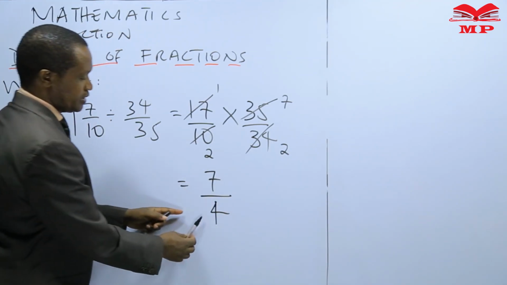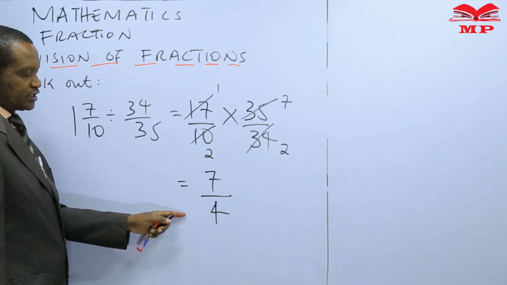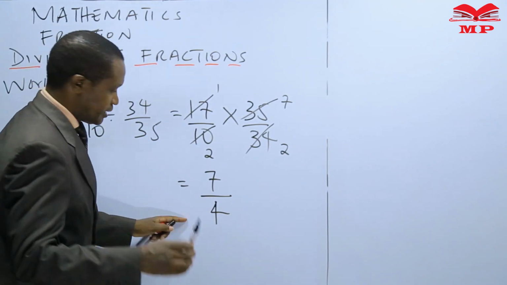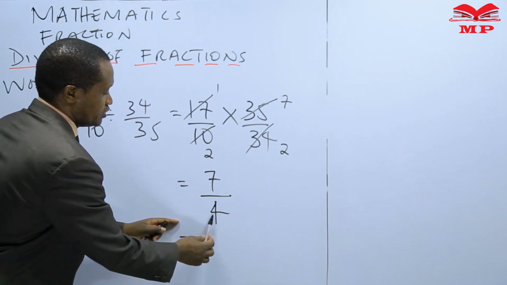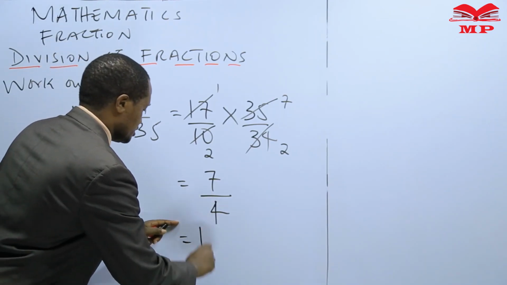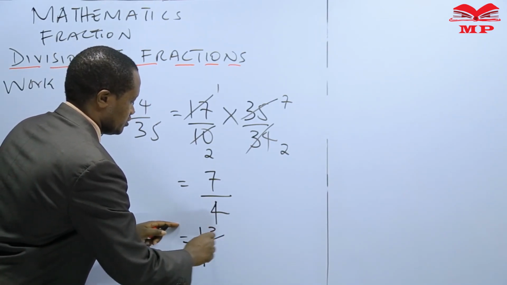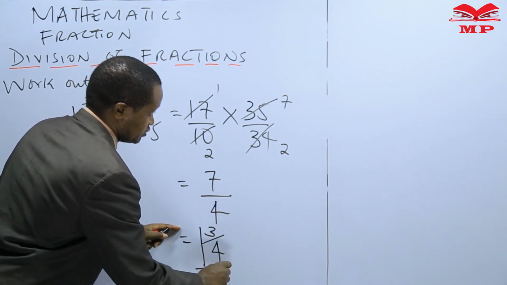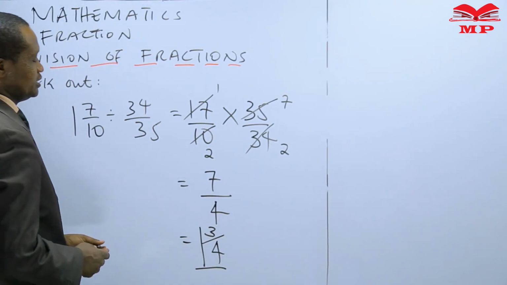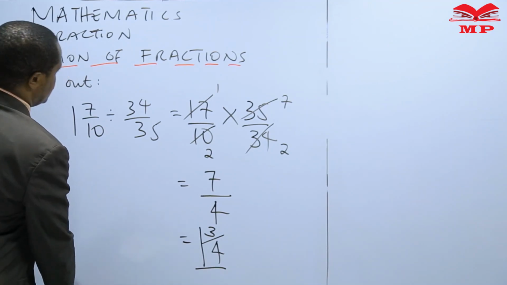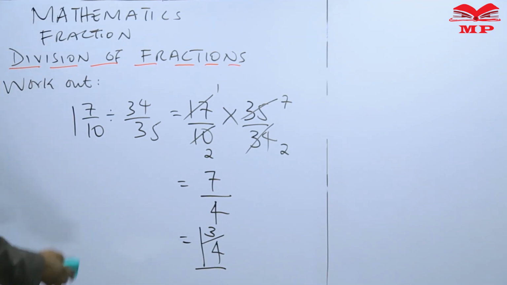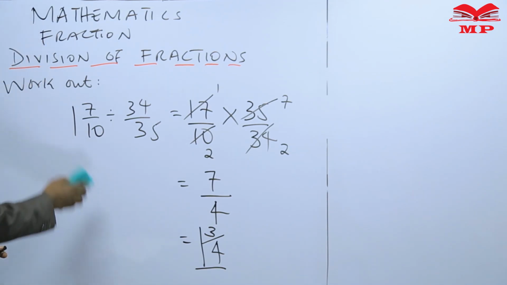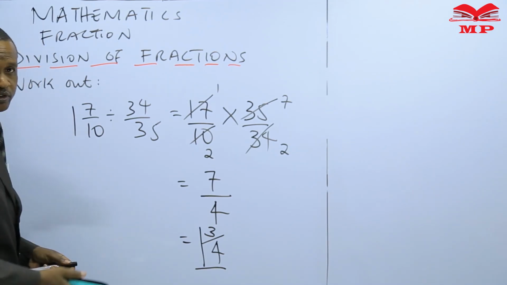This is an improper fraction. So we convert this improper fraction to a mixed number, which is 4 goes into 7 once, remainder 3, so 3/4. That is the answer to what we have worked out, and the answer is 1 3/4.